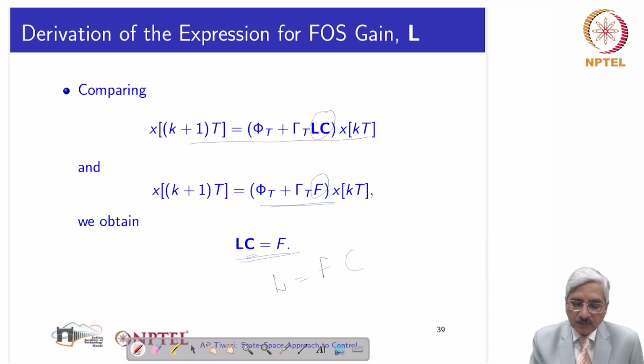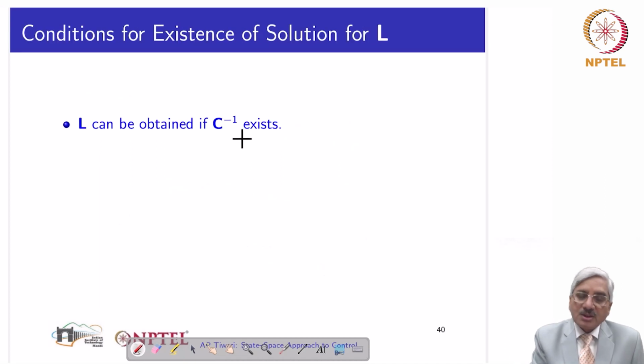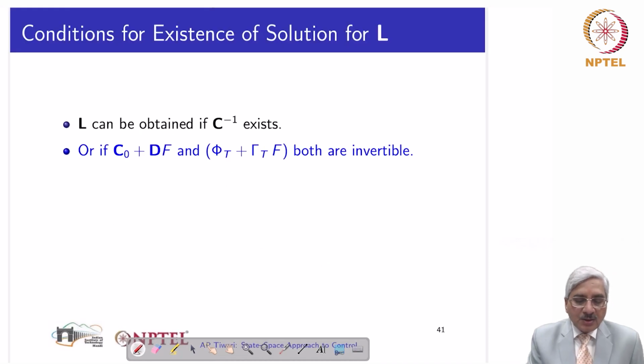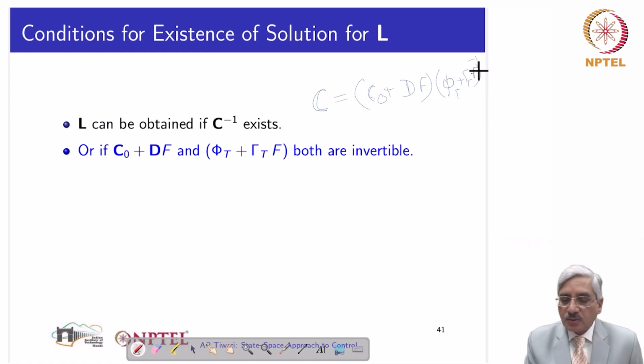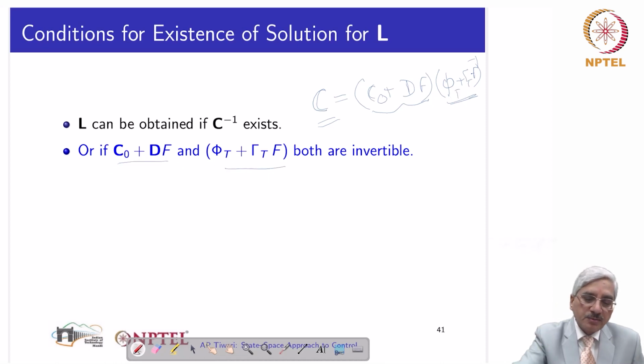So we will have L equal to f into C inverse, where this boldface L, this is boldface C. So C inverse should exist, and because C itself was expressed in terms of the product of C0 plus DF and phi tau plus gamma tau F inverse, if we have to have the inverse of C possible, then both these inverses should exist, and that is written here. Both should be invertible. That is one.